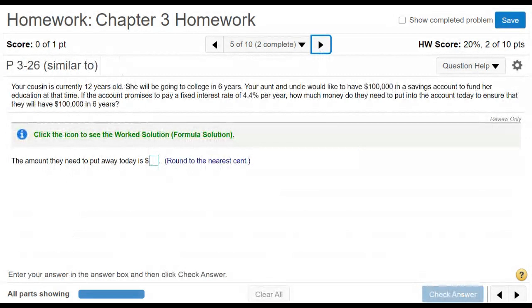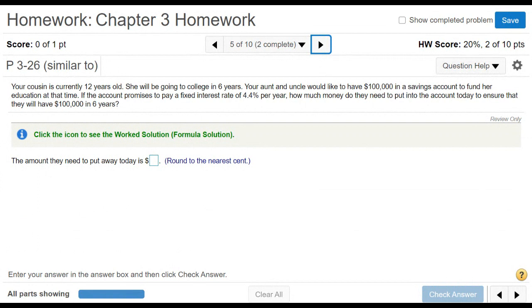Okay, so here, your cousin is currently 12 years old. She will be going to college in 6 years. Your aunt and uncle would like to have $100,000 in the savings account to fund her education at that time.